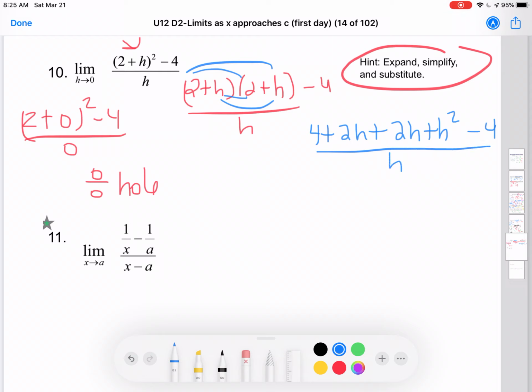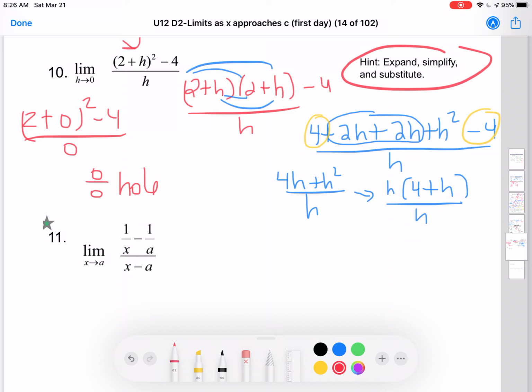Combine like terms on top. So those guys go together, and then hopefully you notice that these guys wipe out. So we have 4h plus h squared over h, and then you can either take out a GCF, you can divide. I'll take out the GCF. Reduce, and now take your x value, well in this case h, sub it in, and now our limit is 4.